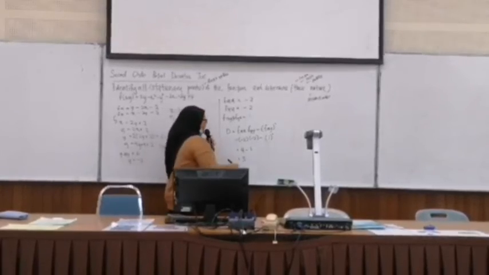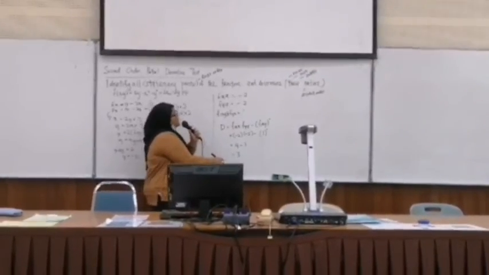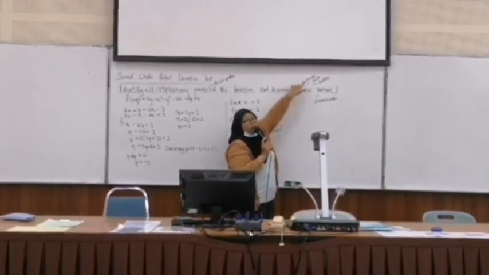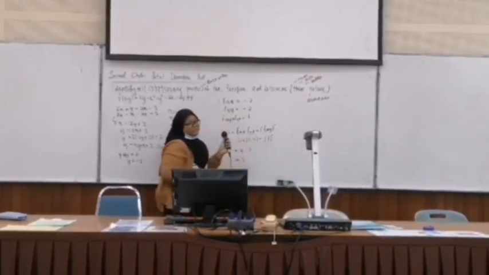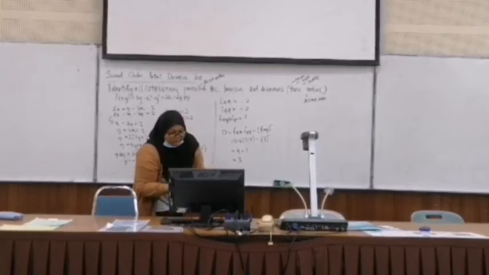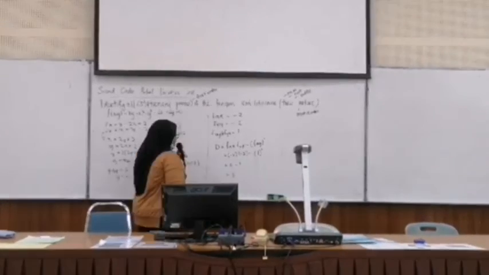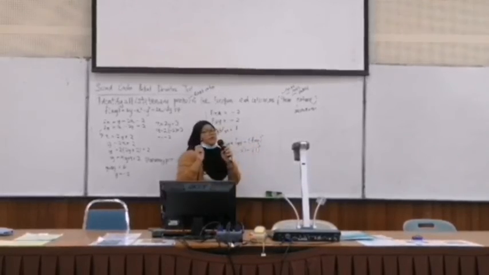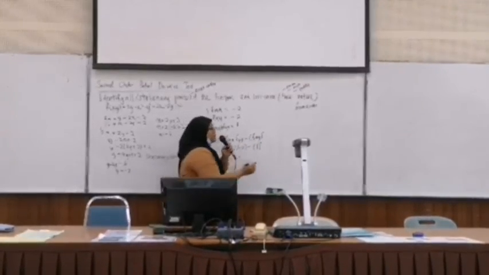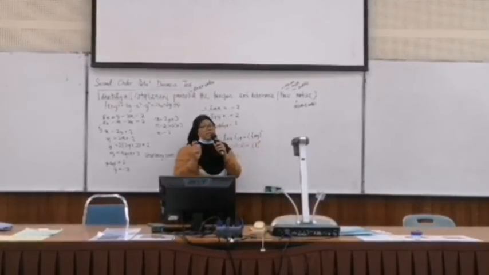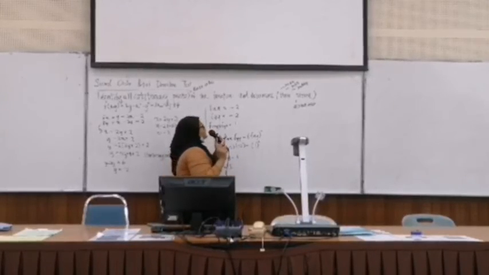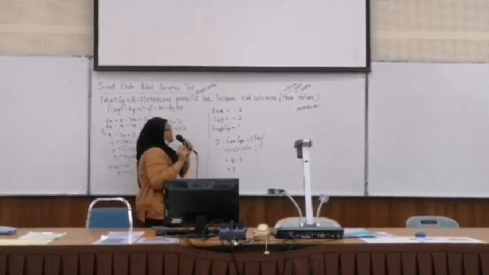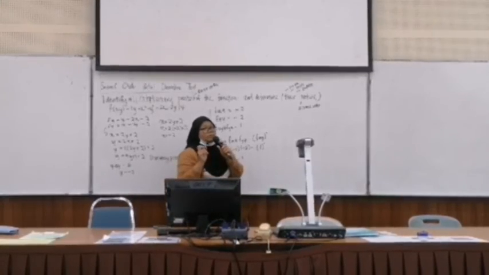So this means they have either a maximum or minimum point. So we know that if the value is bigger than 0, and fxx is negative, that means it will be the maximum point, and if fxx is positive, it will be minimum point.